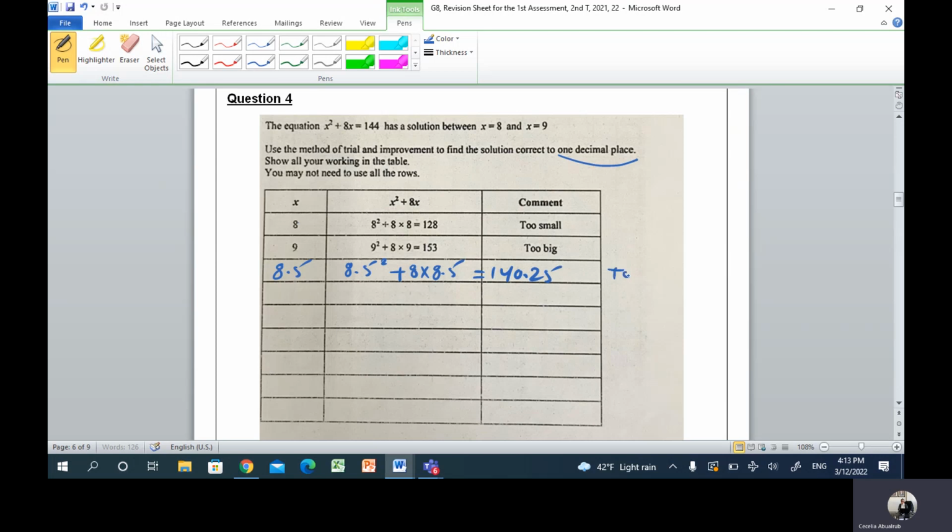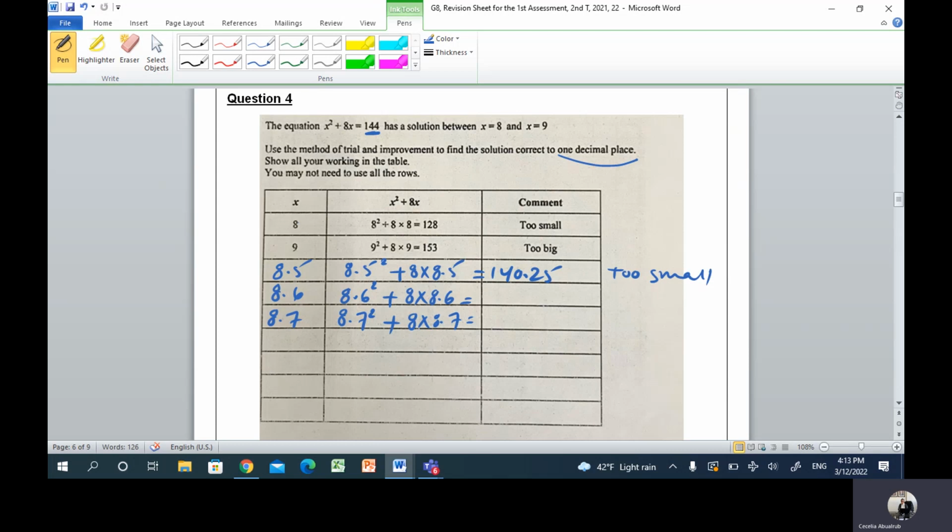The answer will be 140.25, which is too small, because the answer that they want here is 144. If you go to 8.6, it will be 8.6 squared plus 8 times 8.6. If it's 8.7, it will be 8.7 squared plus 8 times 8.7.